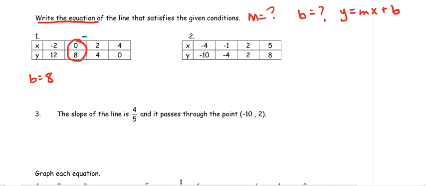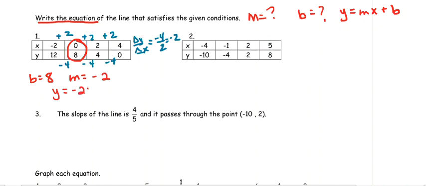This is going at a change of plus 2, plus 2, and at the bottom it's minus 4, minus 4, minus 4. So remember, it is change of y over change in x. So it's going to be negative 4 over 2, which is negative 2. So we know now our slope is negative 2, and y equals negative 2x plus 8.